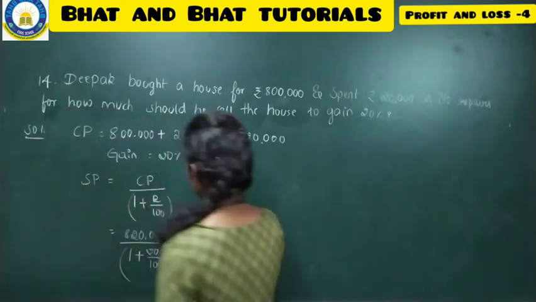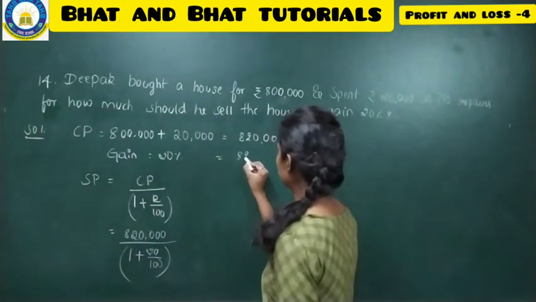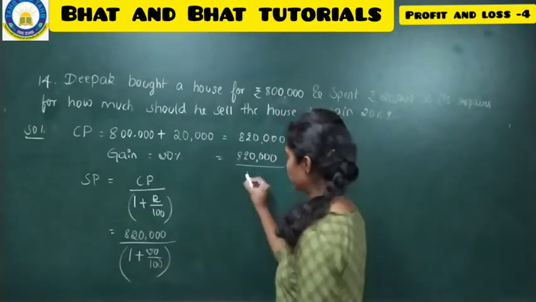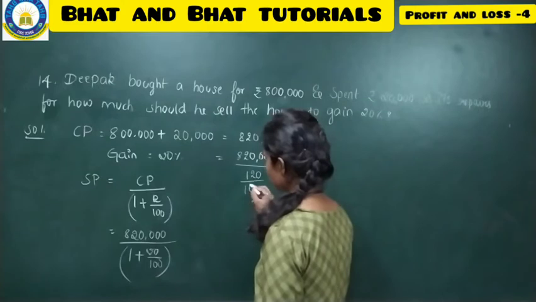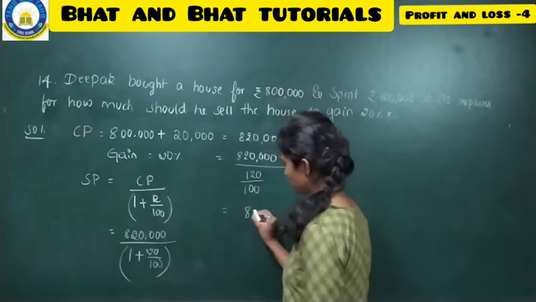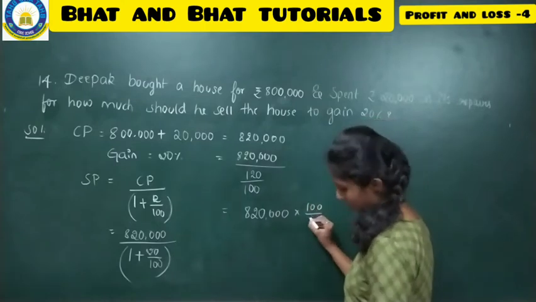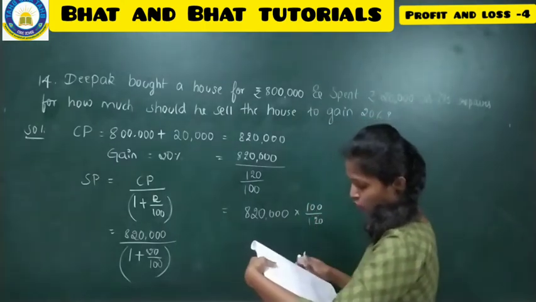Now I'll continue: 8 lakh 20 thousand divided by 120 by 100, that is 8 lakh 20 thousand into 100 divided by 120.